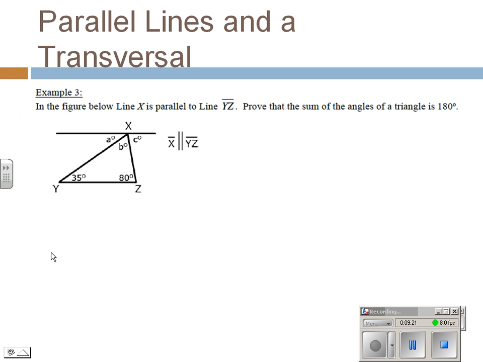Example 3. In the figure below, line X is parallel to line YZ. Prove that the sum of the angles of a triangle is 180 degrees. So we have line X parallel to YZ.